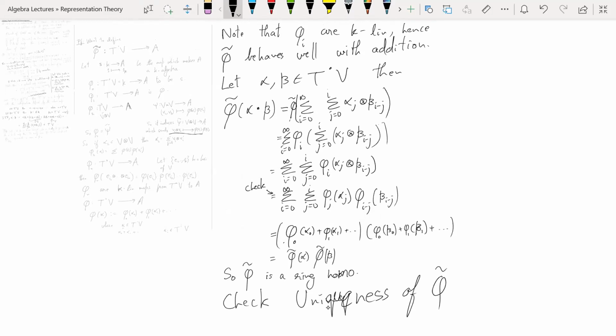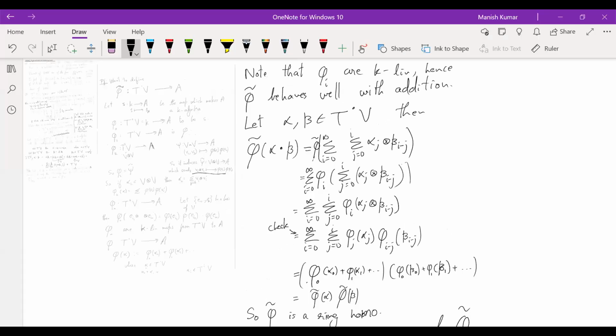Phi was the given map, and of course check uniqueness of phi tilde. That will complete the proof. It's already time, so I'll have to stop. You just verify uniqueness, and that will complete the proof of this thing.